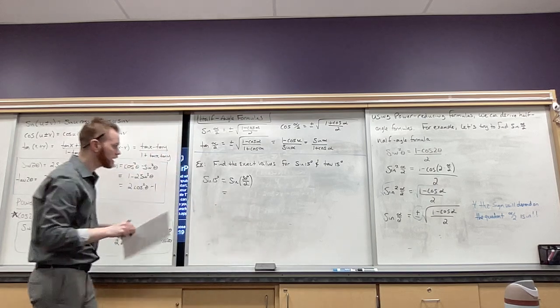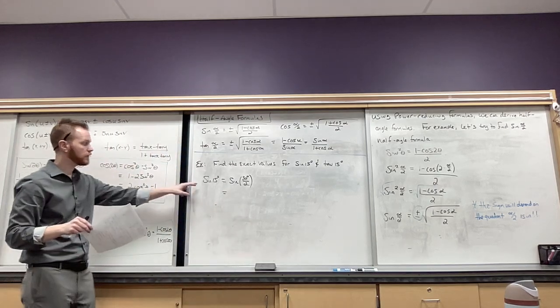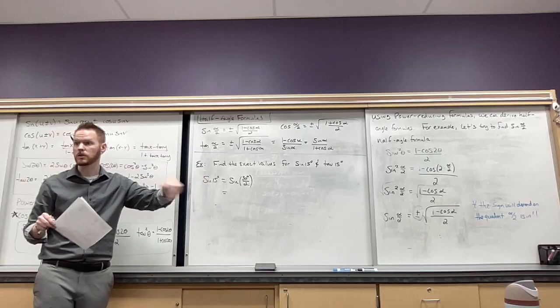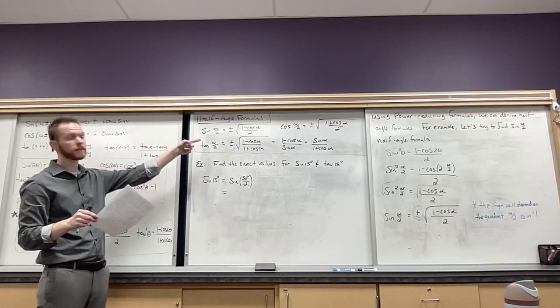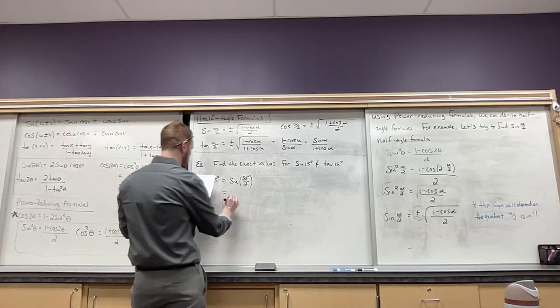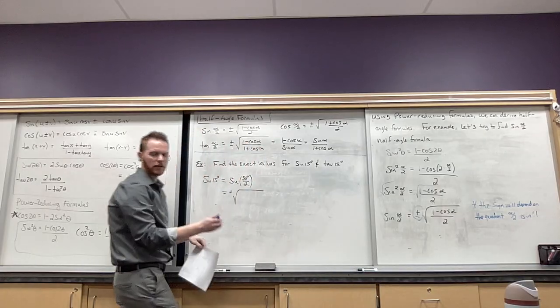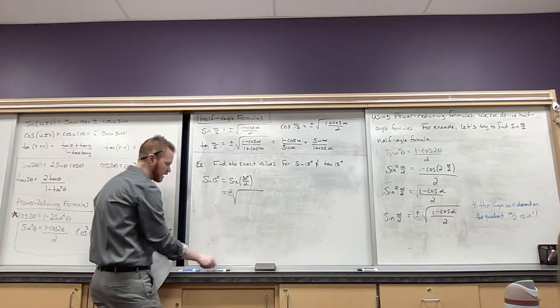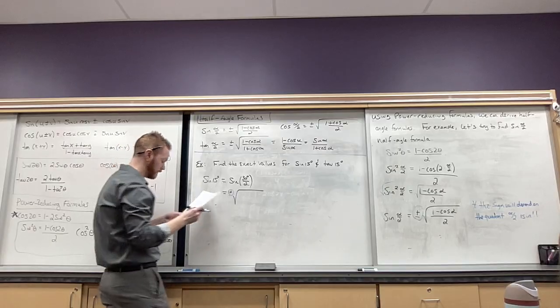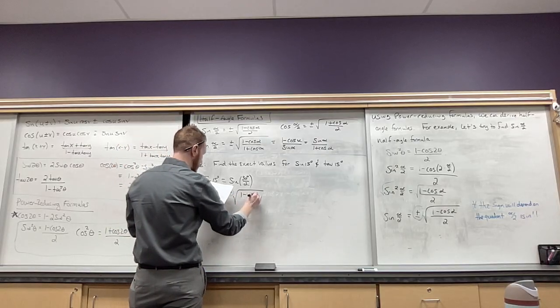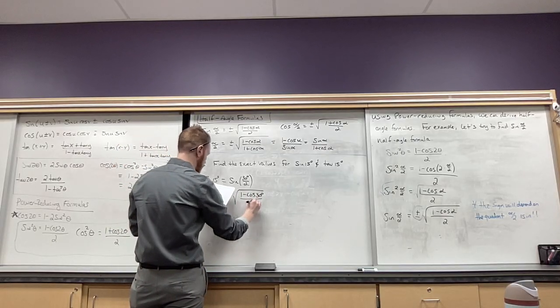Now, think about something for a moment. Sine of 15 degrees, that's in first quadrant, right? So it's going to be a positive value, so I'm going to use the positive version of that formula there. So I'll put a plus sign just for right now. I'm not going to write this plus sign again, but that's there because we are positive in quadrant 1 where 15 degrees is. So 1 minus cosine 30 degrees over 2.